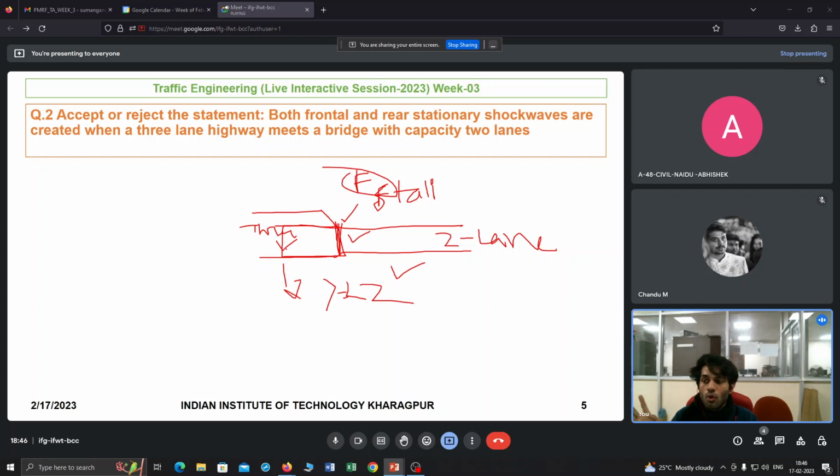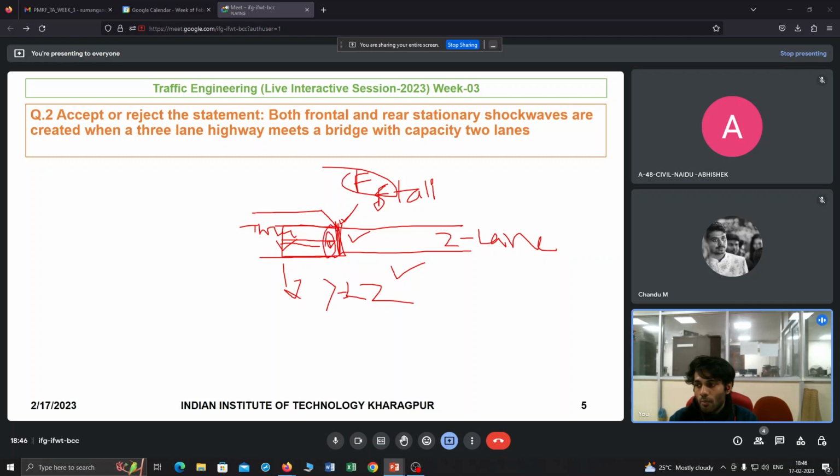Demand is equal to 2 lane, and once that is over, means demand is less than 2, then your rear stationary will move its position and vanish, and this shock wave will also be dissipating this congestion region, and this will be there until it vanishes, right.